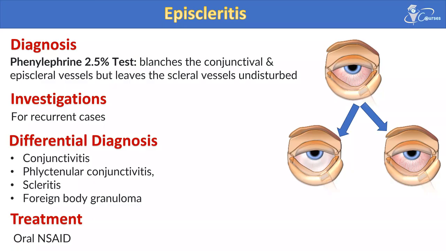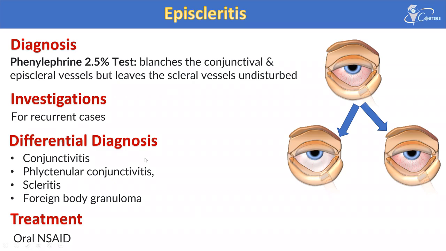You tailor your investigations depending on the history, the review of systems, and the examination. But for most cases, episcleritis will resolve completely within 2 to 3 weeks. But those who have underlying systemic conditions can have a more prolonged course and more recurrence.